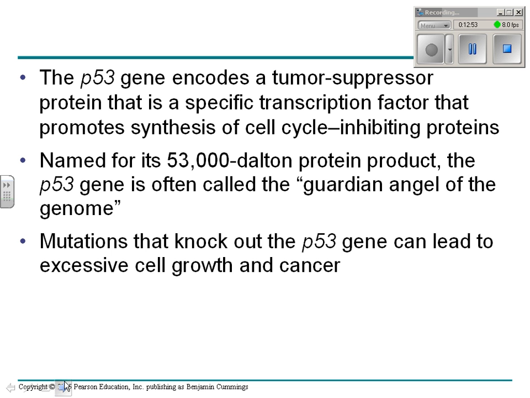The p53 gene is a tumor suppressor gene, and it's called the guardian angel of the genome. It's involved in stopping the cell cycle. So if you have this happening, that you're making too many cells, it'll stop it, unless it's mutated.